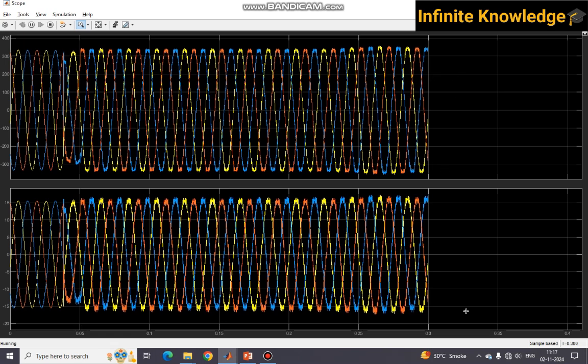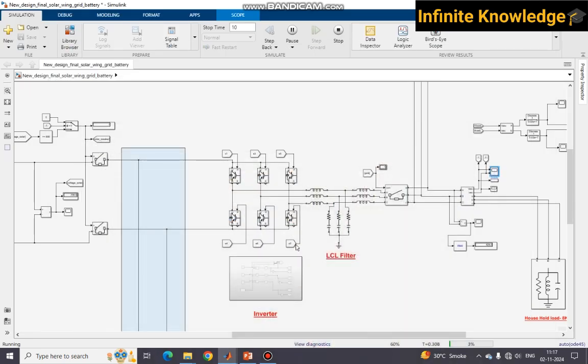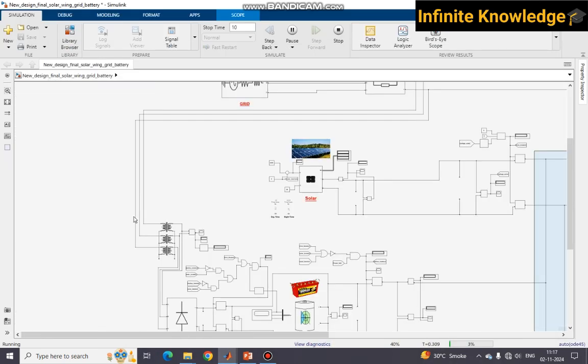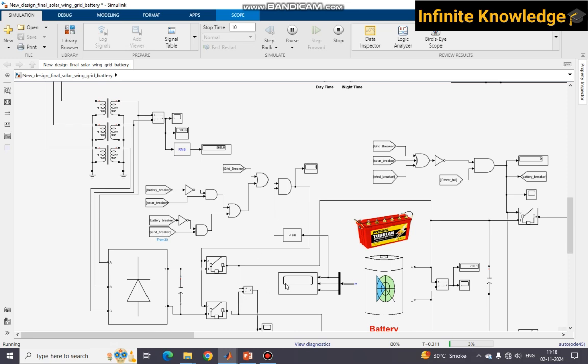There is no major voltage dip. You cannot even tell whether the source is gone or not. Very smooth transition, very smooth voltage at the output side, and your battery is continuously charging in each and every scenario.